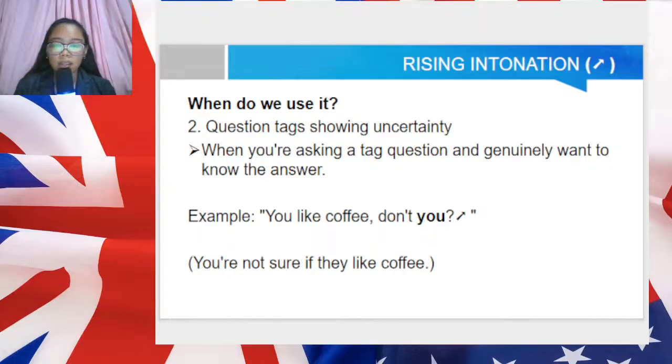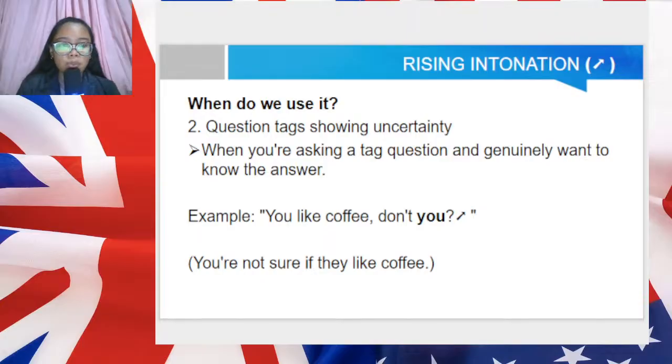Next to that is, of course, we also use rising intonation when it comes to question tags showing uncertainty.